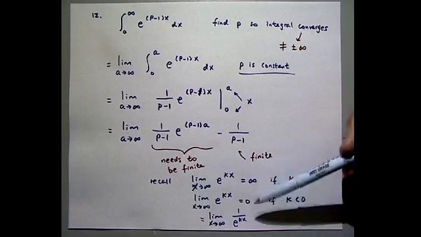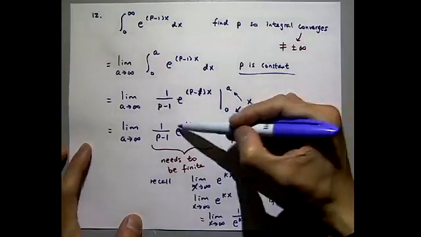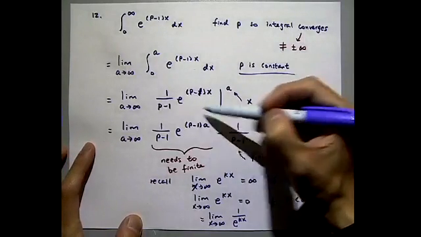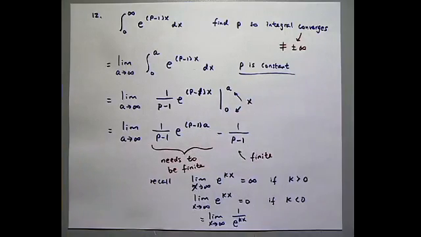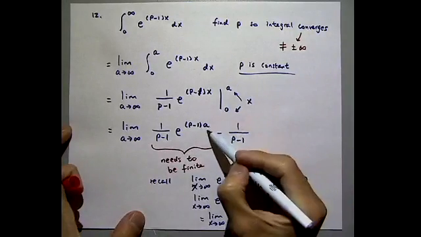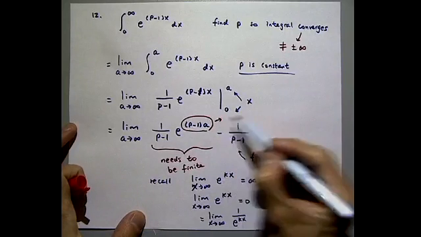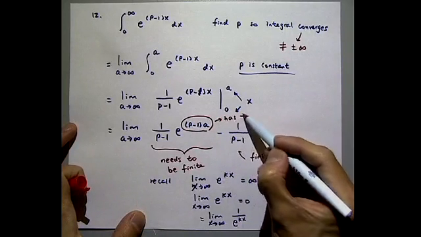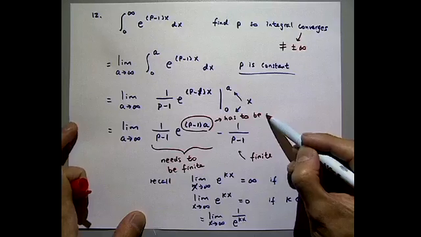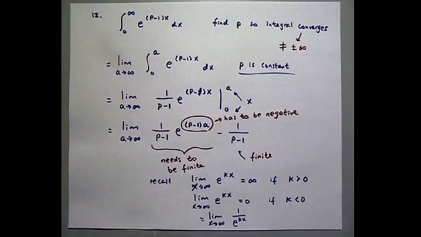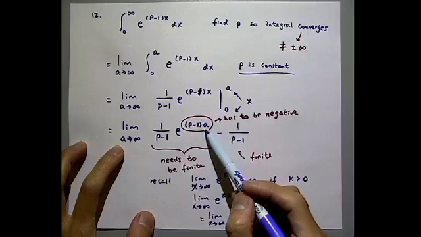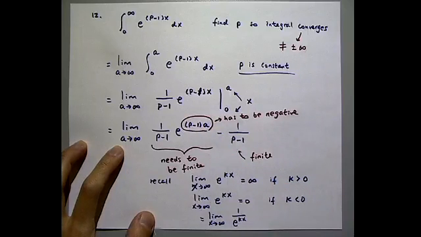So keeping these two things in mind, this is telling us that we have to make sure the exponent of this exponential function is overall negative. A is going to positive infinity, so p minus 1 has to be negative.